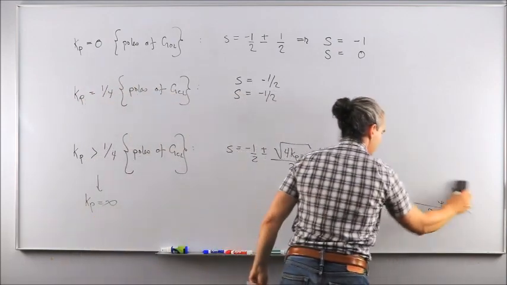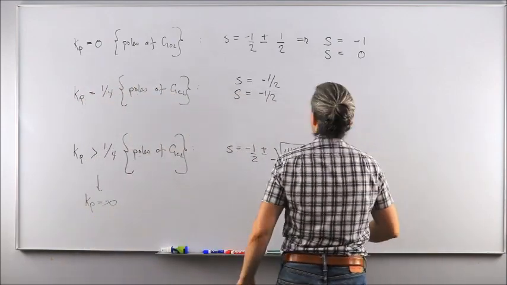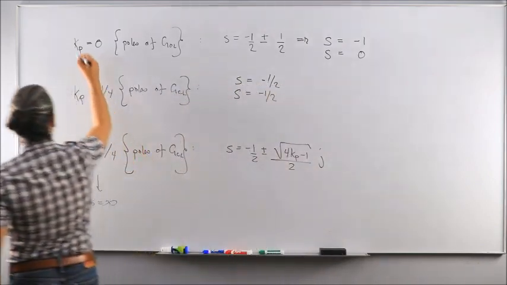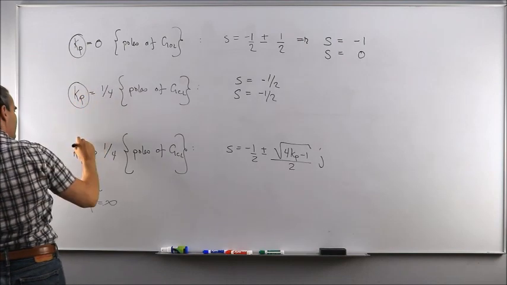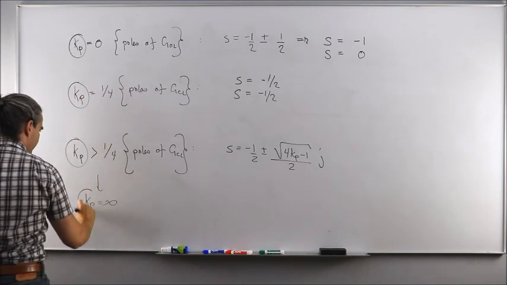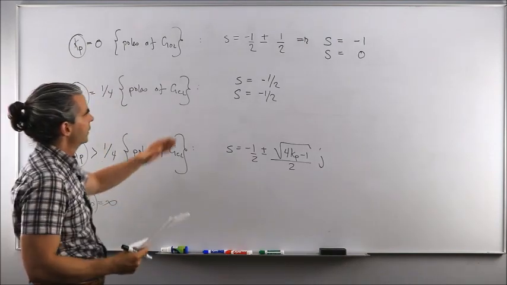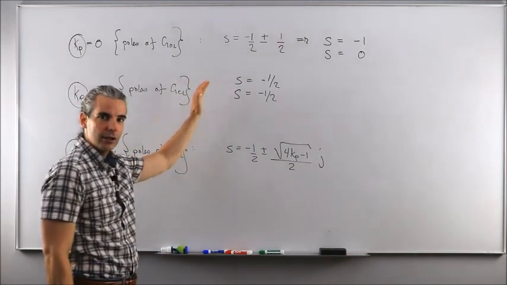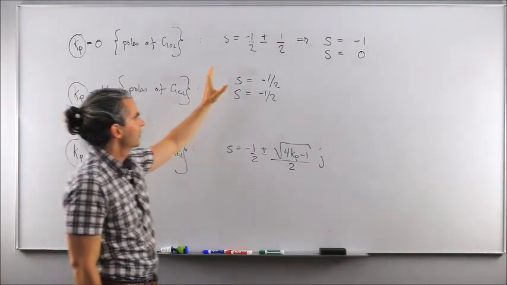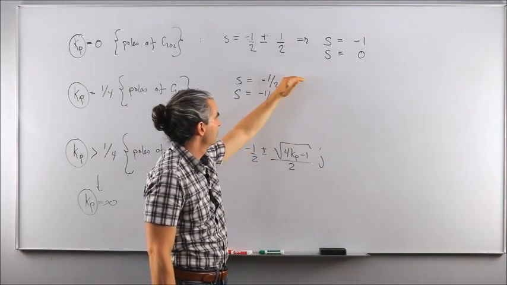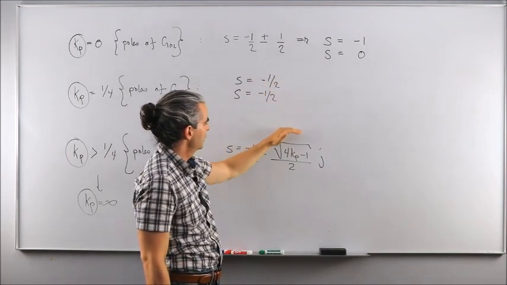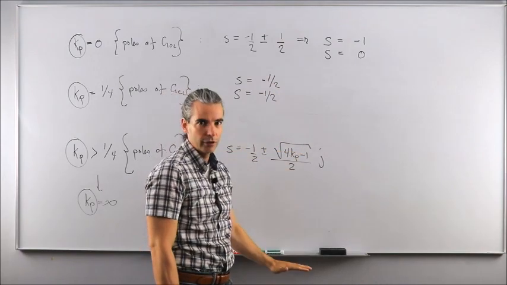So as you see here, by varying the open loop gain, which was our Kp in this specific example, we have obtained different locations for our poles in the complex plane, starting from the pole locations of the open loop transfer function up to pole locations for the closed loop transfer function thereafter.